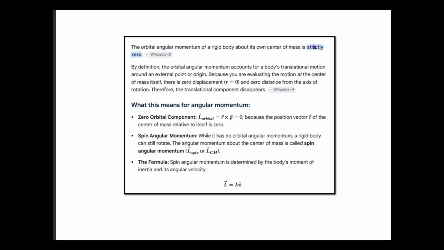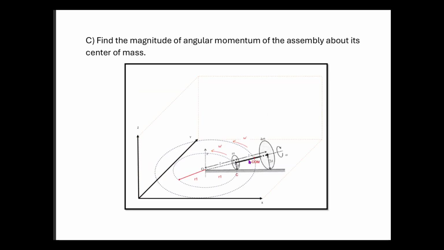Why? Because the entire assembly is going to move around the z axis with omega by 5 speed, and there will be no relative or angular motion between the center of mass and the assembly.